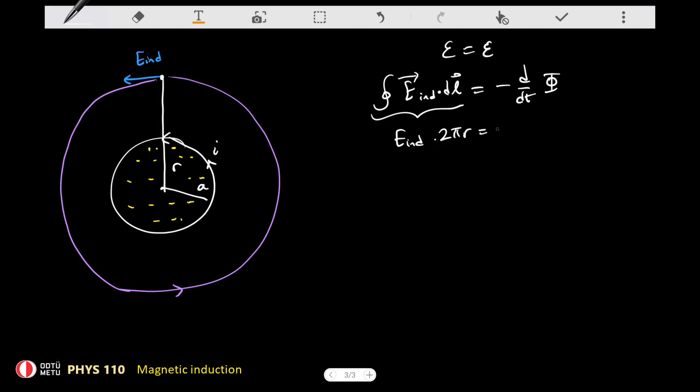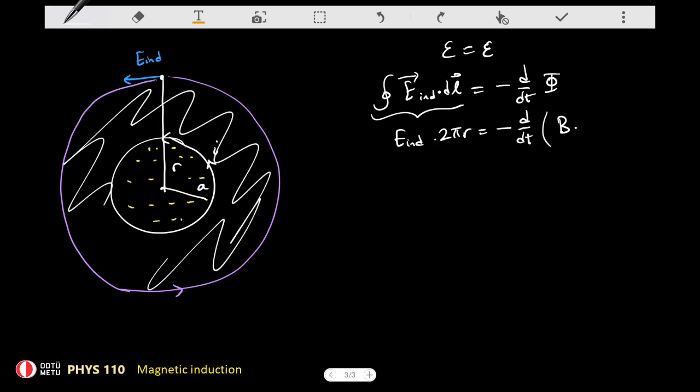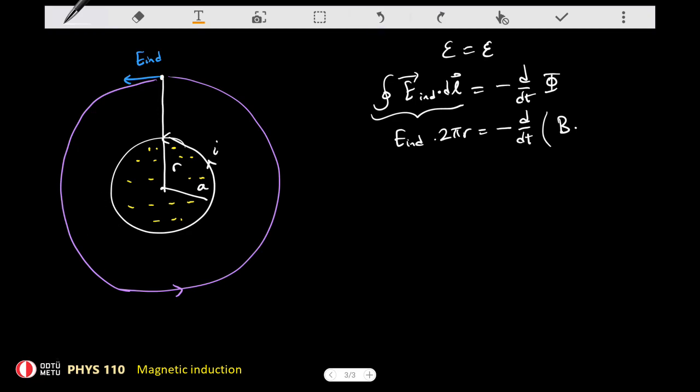But for the flux integral, magnetic field multiplied with the area, the magnetic field is only present in this area inside the solenoid. So there is no magnetic field in here. So that means that I have to multiply the magnetic field with the area of the solenoid in here. All right, so that's the crucial difference between inside and outside.